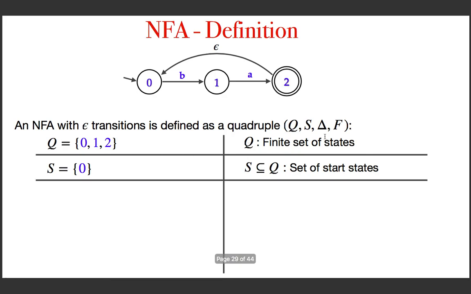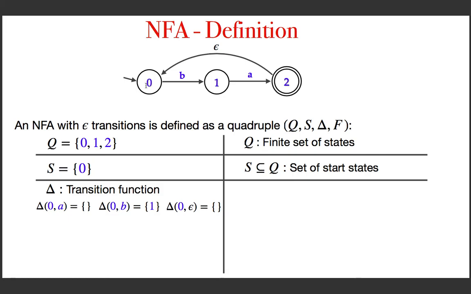And the next component is the transition function delta. In this example, delta from 0 needs to be defined for the symbols A and B and also for epsilon. For the symbol A, the transition is not defined from 0, it is the null set. From 0, B transition is defined to 1. And from 0, epsilon transition is not defined, so the null set is the set of states that you can reach using epsilon from 0.